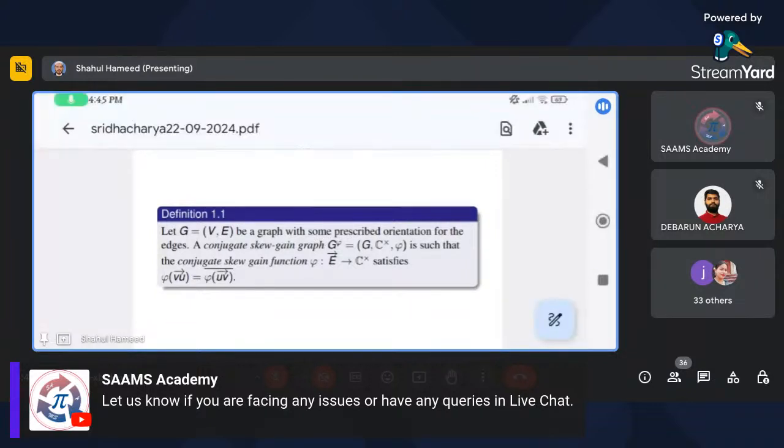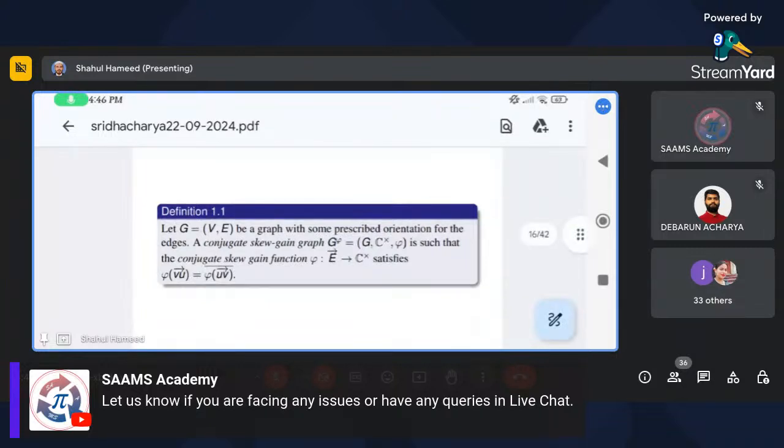So here the gamma will be taking the group as C times, the multiplicative group of complex numbers. And the notation for a conjugate skew gain graph, we'll take it as G phi, because here f is not important. f is fixed. f is actually conjugation. So that's why we call it a conjugate skew gain graph.